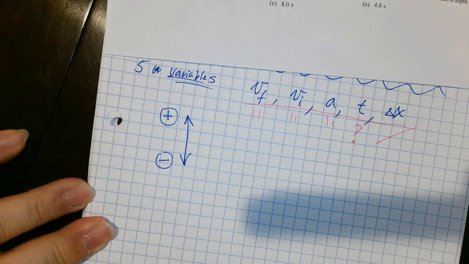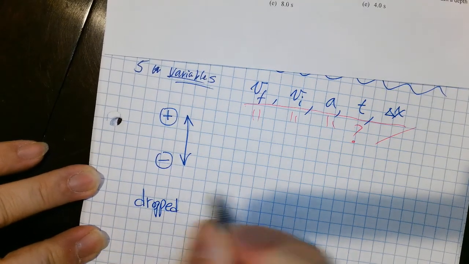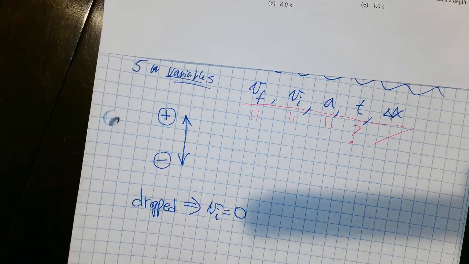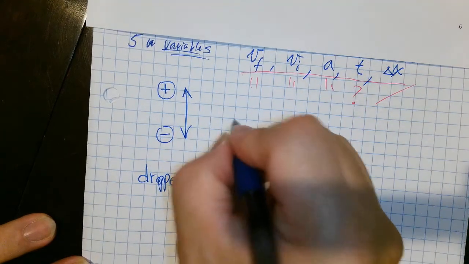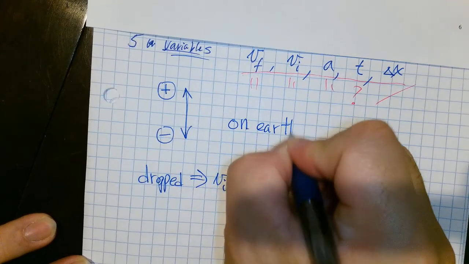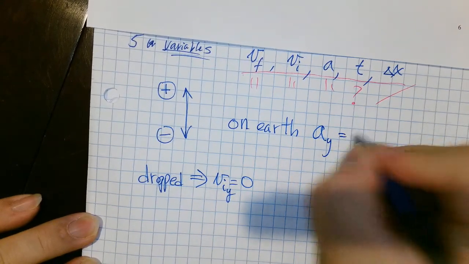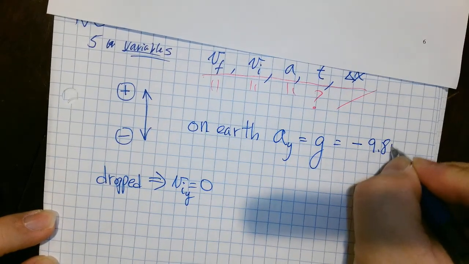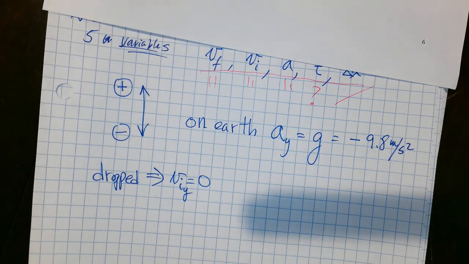And also, when things are dropped, that means initial velocity is 0 in the y direction. When things are moving vertically on Earth, the acceleration in the y direction is g, which is negative 9.8 meters per second squared. That assumption is always good.